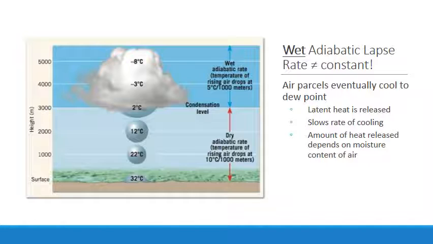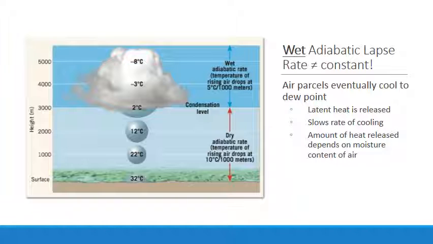And as we go all the way up to 5,000, another 1,000 feet, we'll decrease another 5 degrees C. Okay, that's a sign that we're doing wet adiabatic lapse rate. So below the condensation level, no clouds. At the condensation level, we switch from the dry adiabatic lapse rate to the wet adiabatic lapse rate, and now we start to see water vapor turning into liquid droplets, clouds.